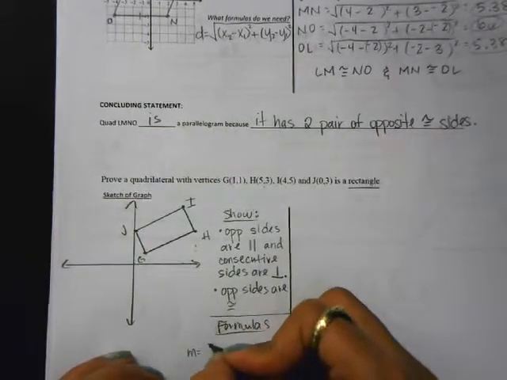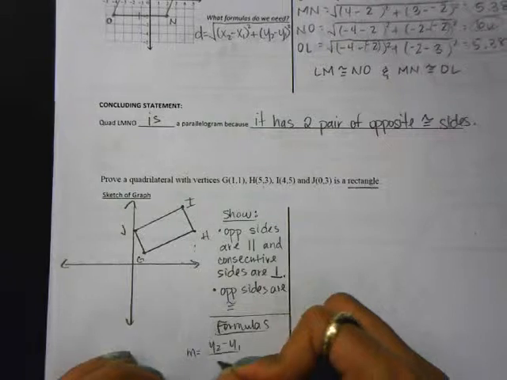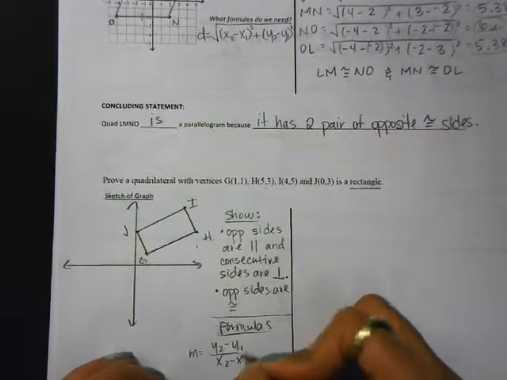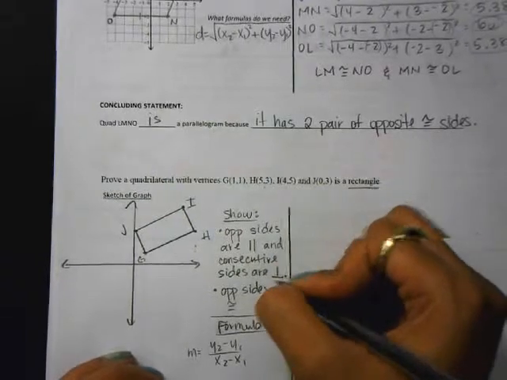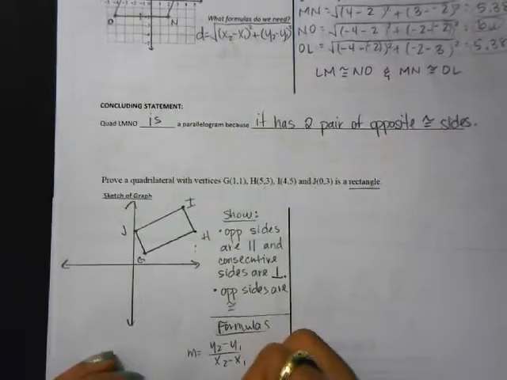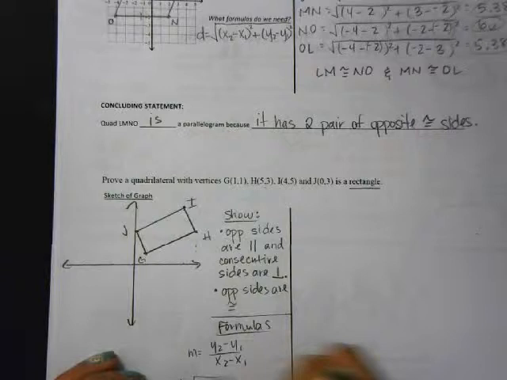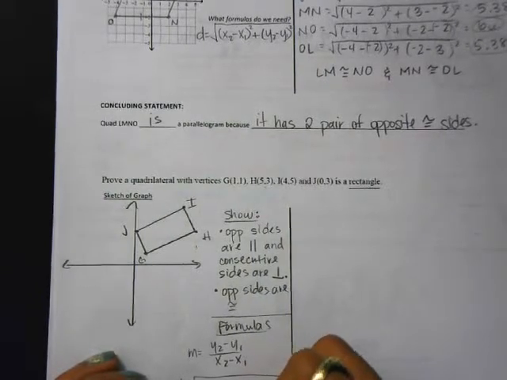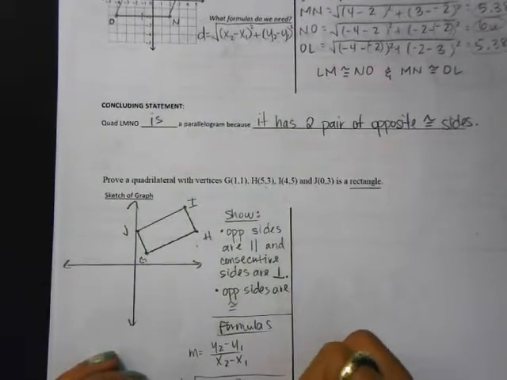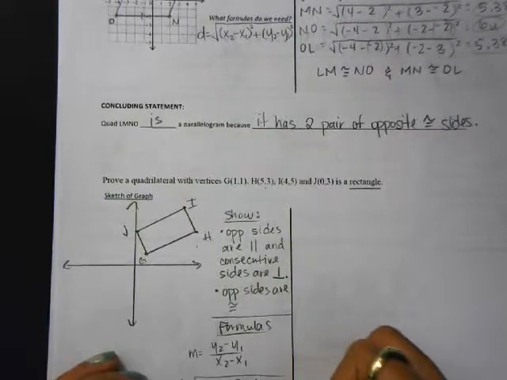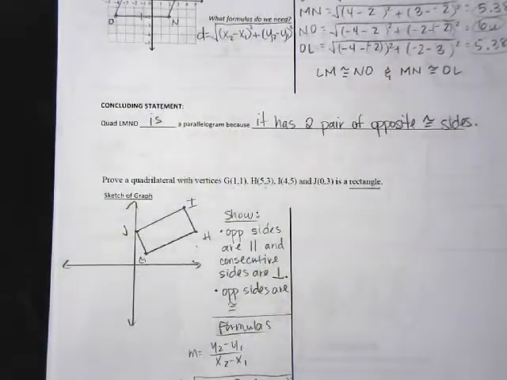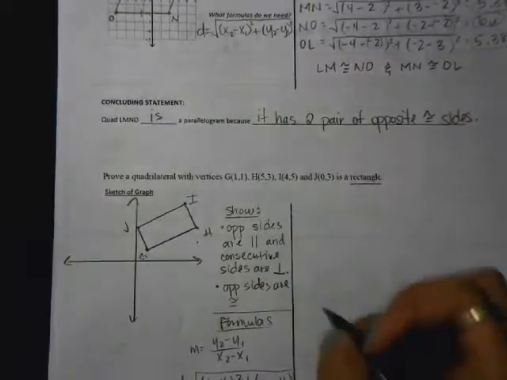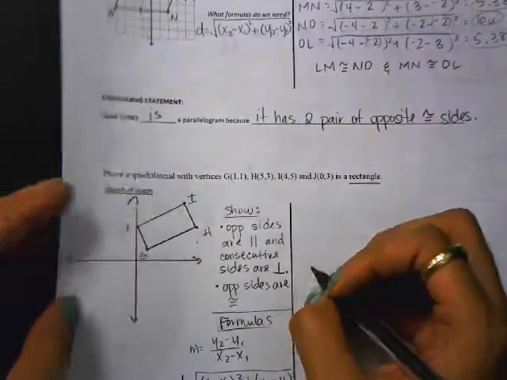I'm going to do the slope formula first, 4 times. So here's my work. JI should be parallel to GH, and JG should be parallel to IH.